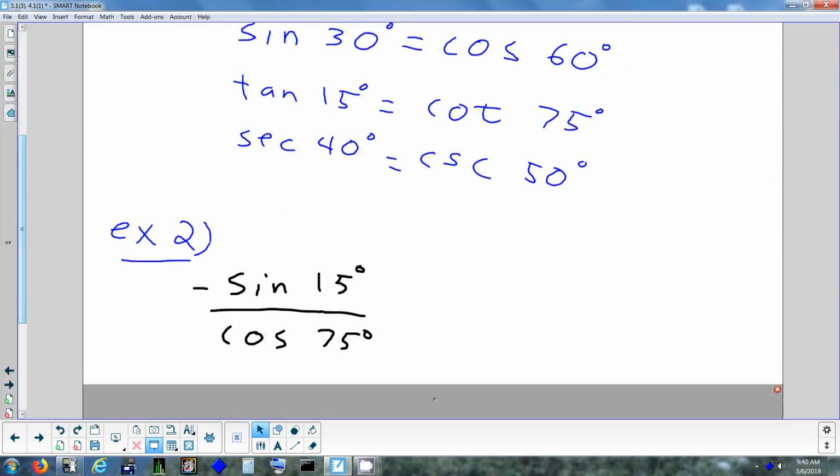Abby, sine, cosine. What are those called again? Not sure. How about 15 and 75? What are those called? They're complementary angles. How about sine and cosine? Yep, cofunctions. And what did we just say about cofunctions of complementary angles?